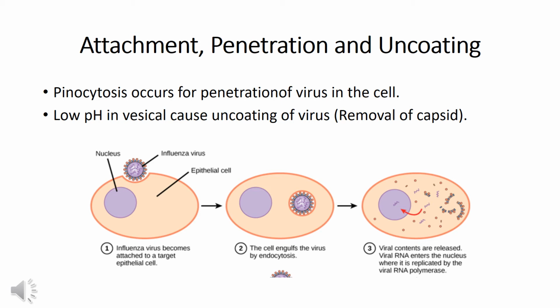So the virus comes inside the host cell in a vesicle. You can observe in diagram number 2 the virus present in the vesicle inside the host cell. After a suitable time, when the vesicle achieves low pH, then due to the acidic pH, the viral structure gets distorted or disrupted.